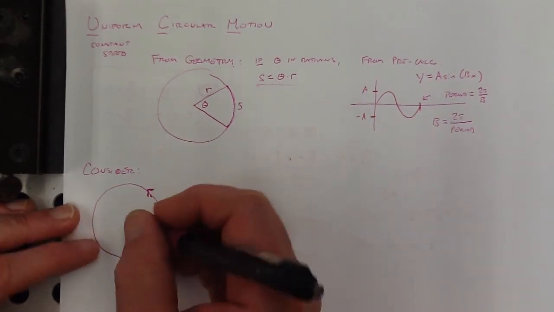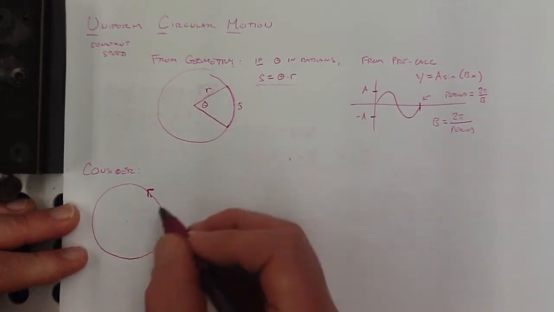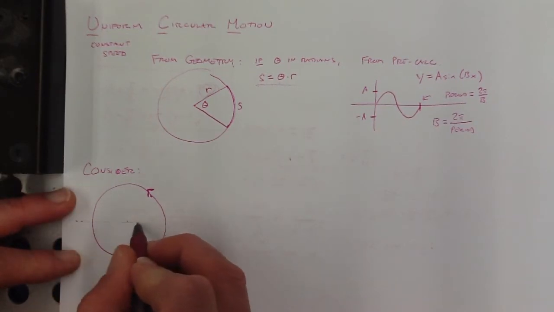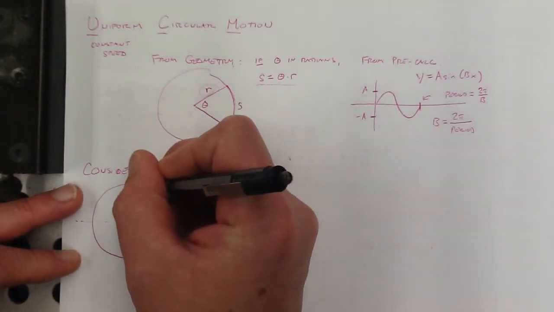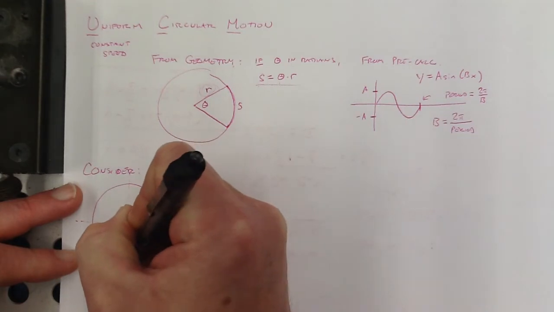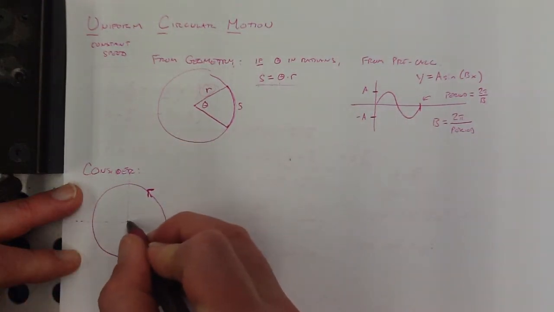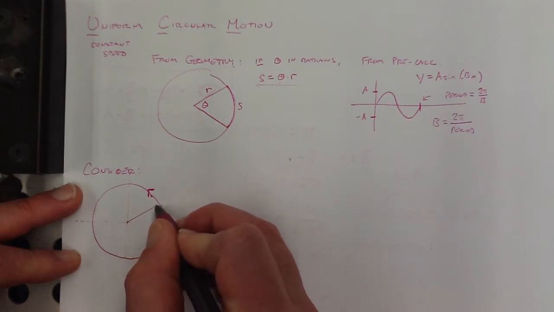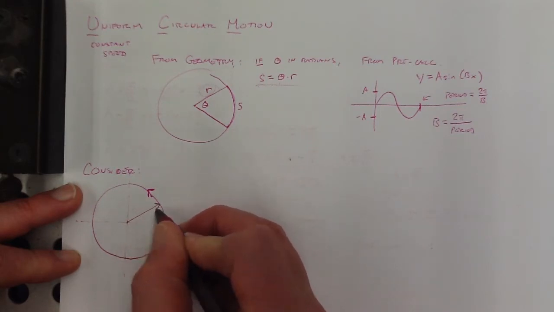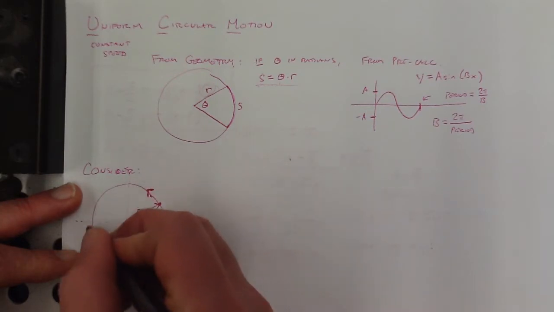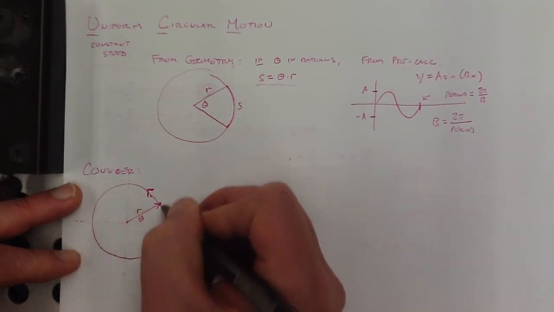So typically we think of this as the positive direction, but it doesn't have to be. We get to decide. All right, so just so I can do my nice analytic geometry here, I'm going to go ahead and throw down some axes. And let's say that this circle has a radius of r. And let's say right now, at this particular spot, this thing's moving around like this, nice and steady.